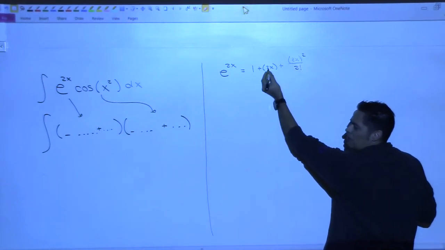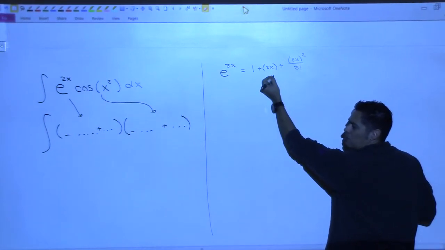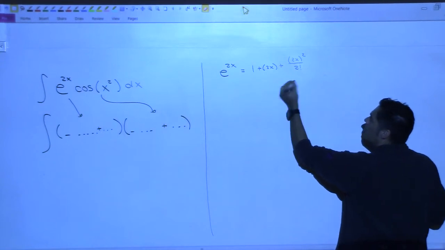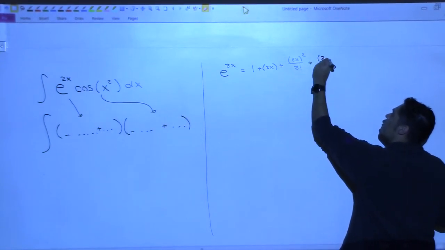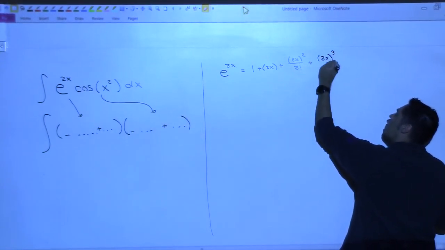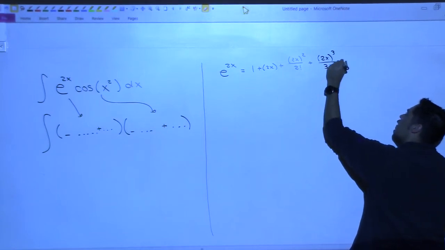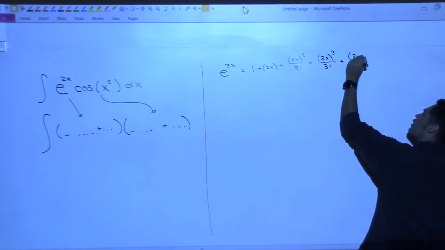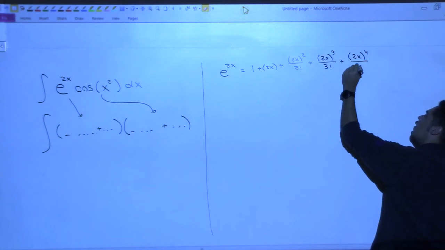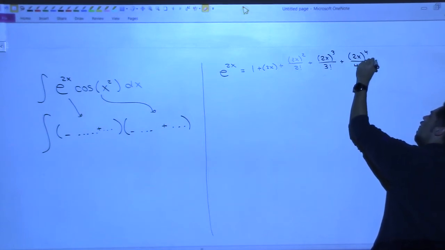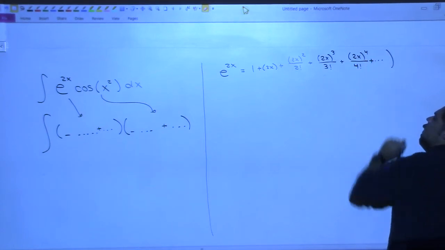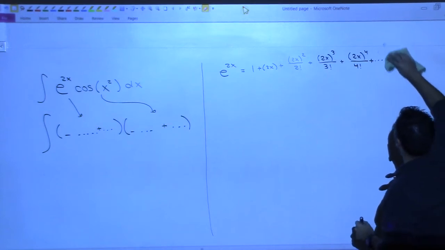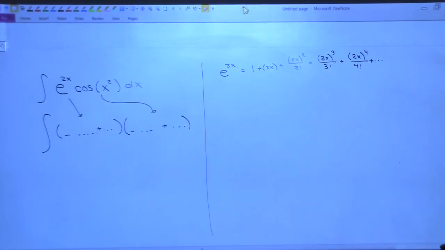You could put 2x over 1 factorial, but we don't need to. Plus (2x) cubed over 3 factorial plus (2x) to the 4th over 4 factorial plus dot, dot, dot. That good enough? I'll just do dot, dot, dot. Okay, that's e to the 2x.